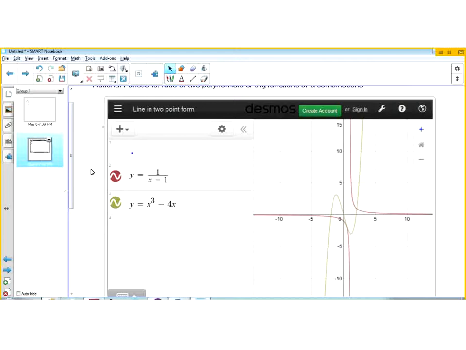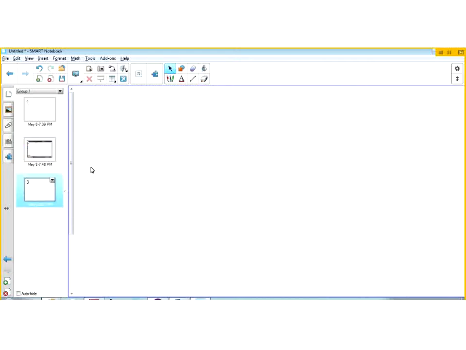And then we also have examples of piecewise defined functions. So piecewise defined functions take on different characteristics on different intervals.